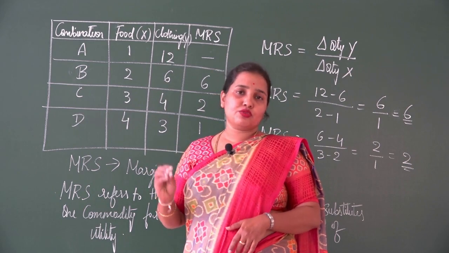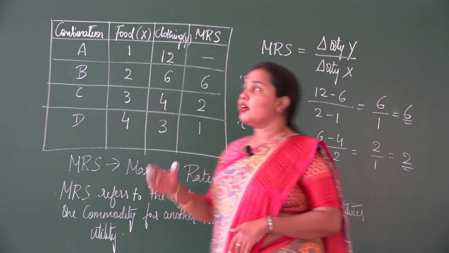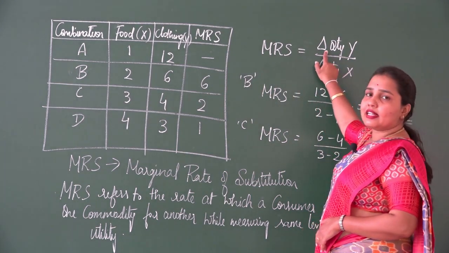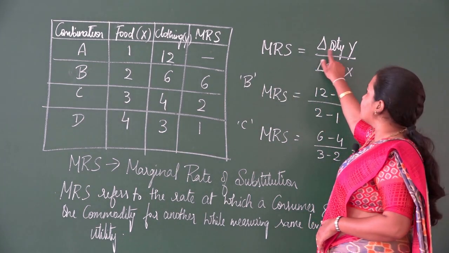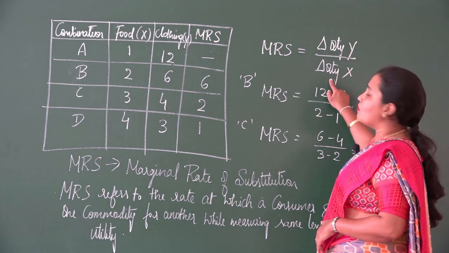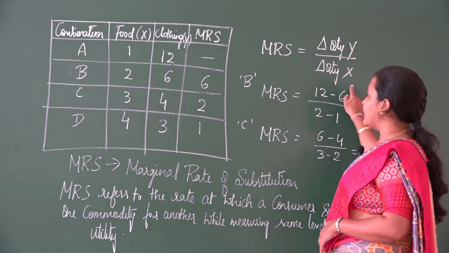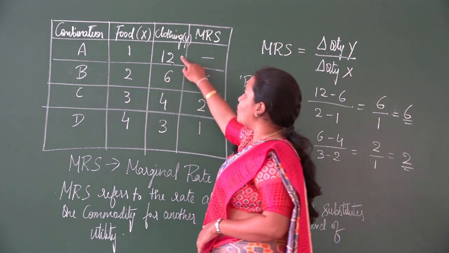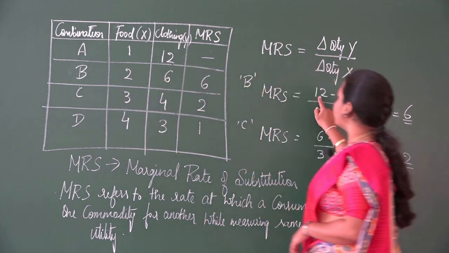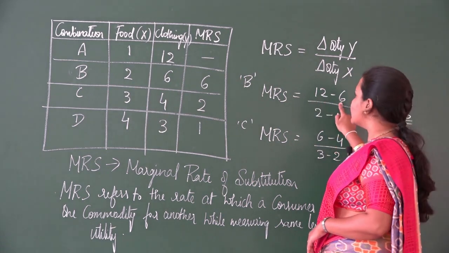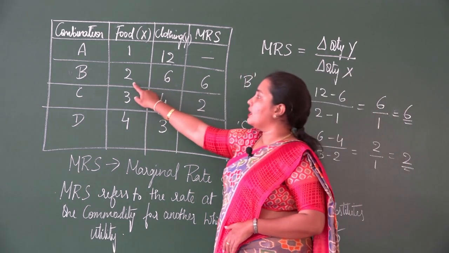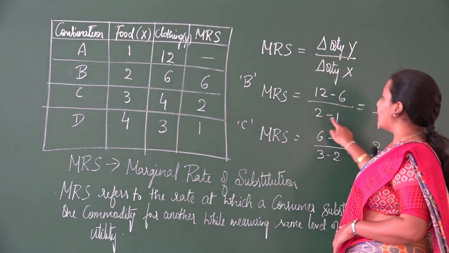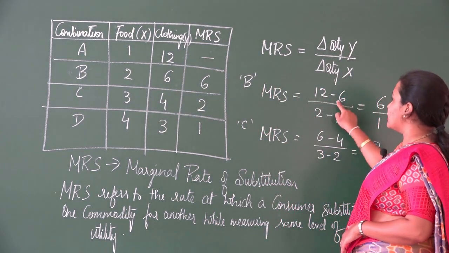How to derive MRS? We have a formula. MRS is equal to change in quantity Y over change in quantity X. This delta symbol represents change. Let us take combination B. The change in quantity Y is derived by subtracting 12 minus 6, and change in quantity X is derived by subtracting 2 minus 1. Therefore, 2 minus 1 is 1, 12 minus 6 is 6.